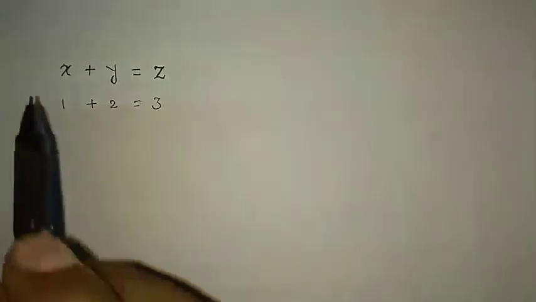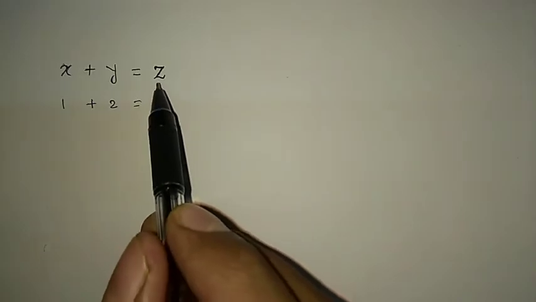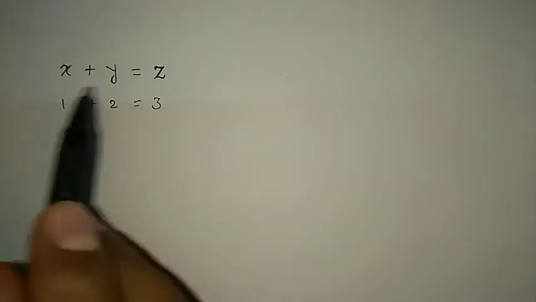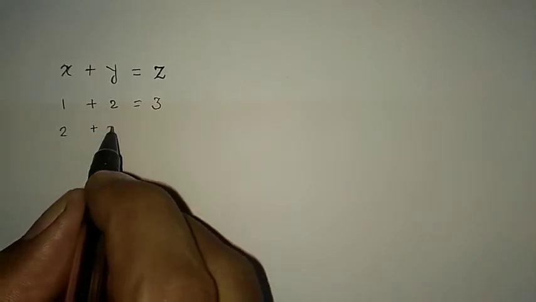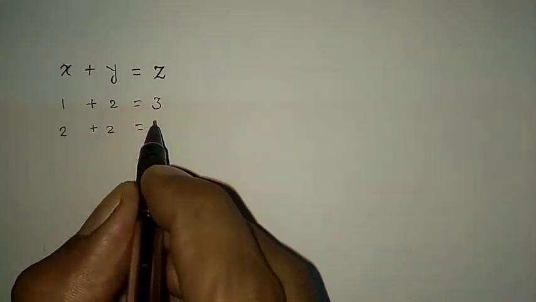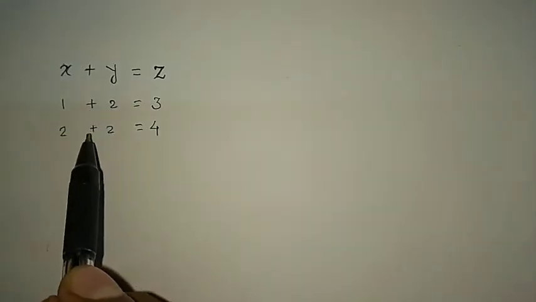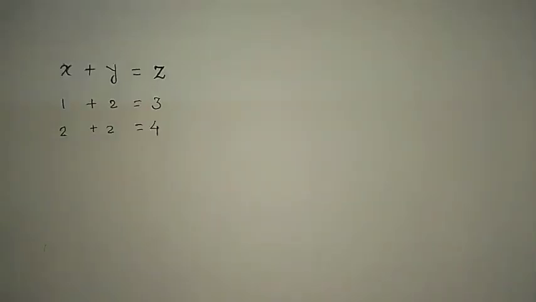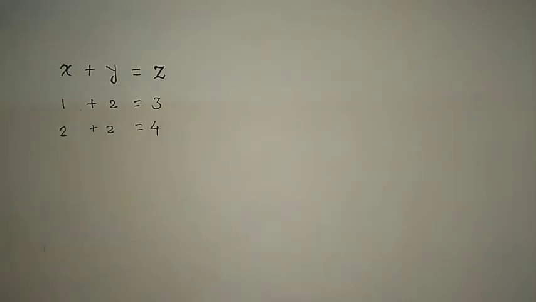If I take the value of x as 1, value of y as 2, then the value of z will become 3. Similarly, millions of solutions are there for this equation. For example, another solution: 2 plus 2 equal to 4. That is, the value of x is 2, value of y is 2, then the value of z will become 4. So you can give millions of solutions for the equation x plus y equal to z.